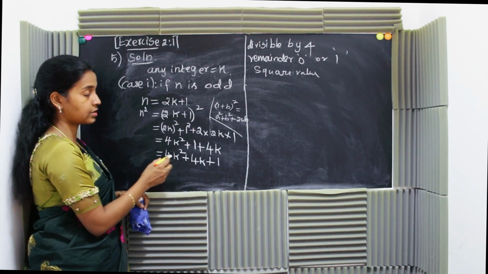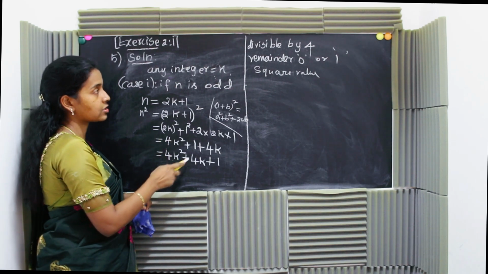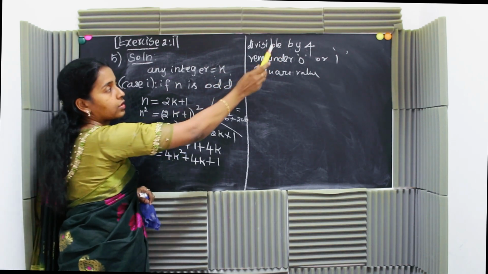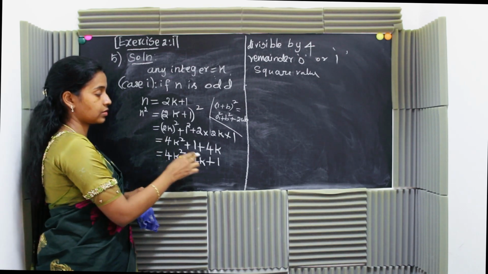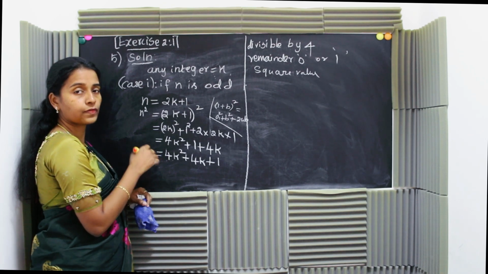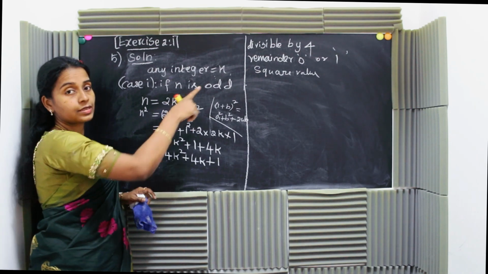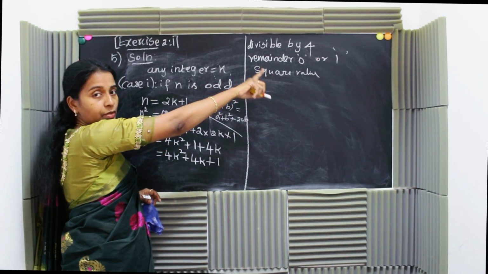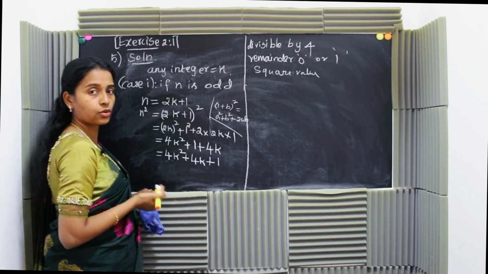This is the answer. Now we need to check whether it is divisible by 4 or not, which means it is divided by 4 without leaving a remainder. Here the remainder is 0. It is mentioned in the question that the remainder would be either 0 or 1.